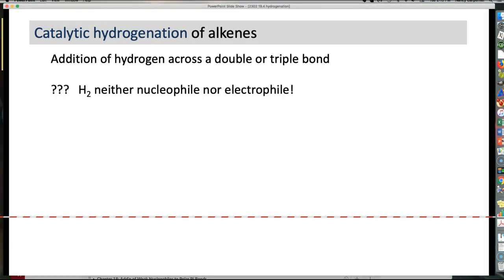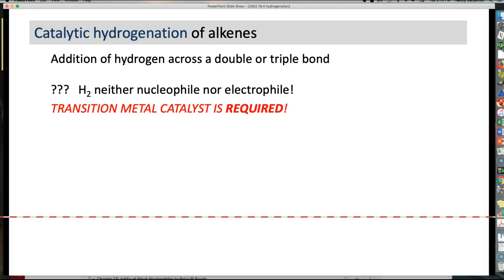Now, that should be fishy because I've tried to hammer it home all the time: electrophiles react with nucleophiles and vice versa. And hydrogen gas is not either one of those. So it's special, and it doesn't do anything except explode unless you have a transition metal catalyst.